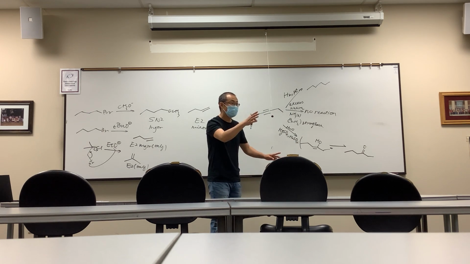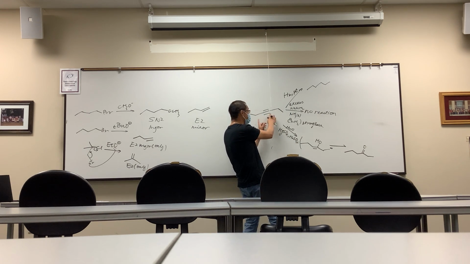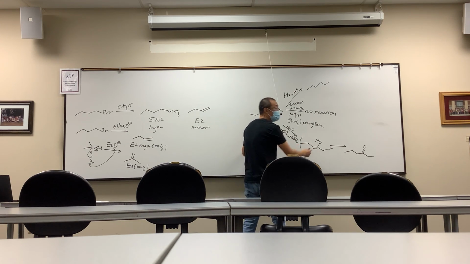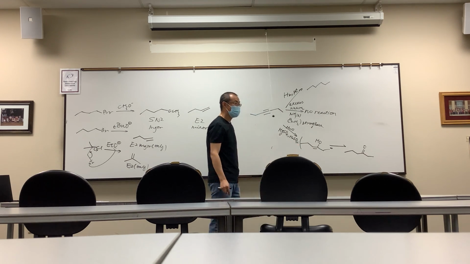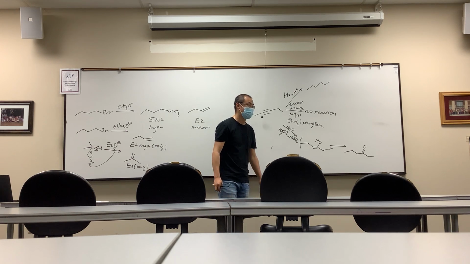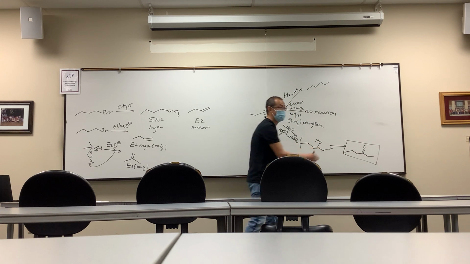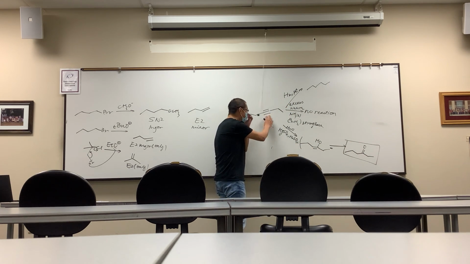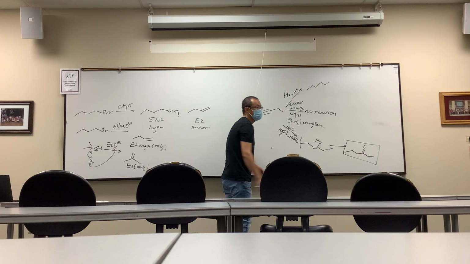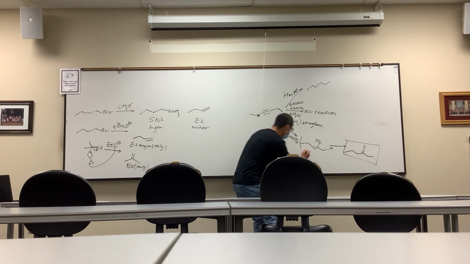But remember, because these 2 carbons are the same, there's a chance of putting OH either here or there. Does it make sense, guys? Again, you only need to draw the ketone. I'm just showing you what happened. Hydration means add water to the triple bond, and you get a double bond. We call that an enol.